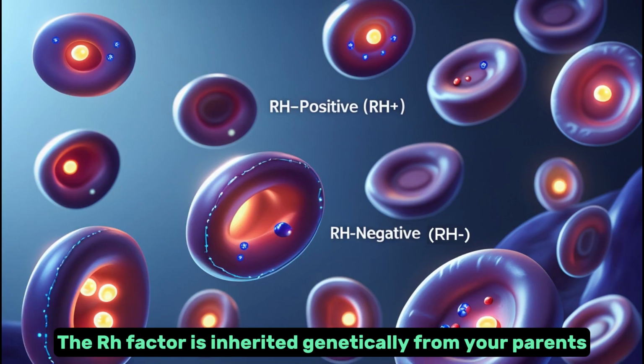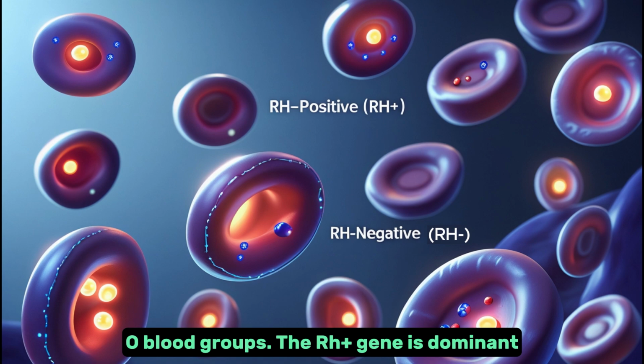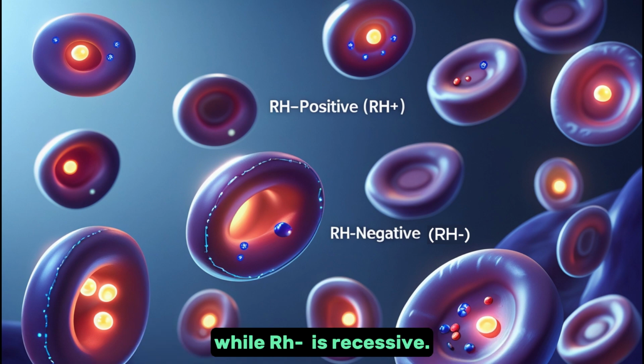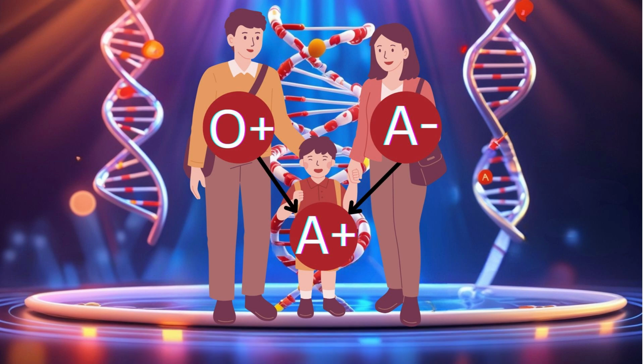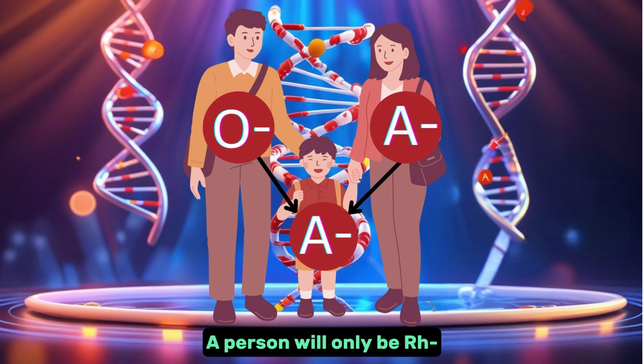The Rh factor is inherited genetically from your parents, just like ABO blood groups. The Rh positive gene is dominant, while Rh negative is recessive. If a person inherits at least one Rh positive gene, they will possibly have Rh positive blood. A person will only be Rh negative if they inherit 2 Rh negative genes, one from each parent.